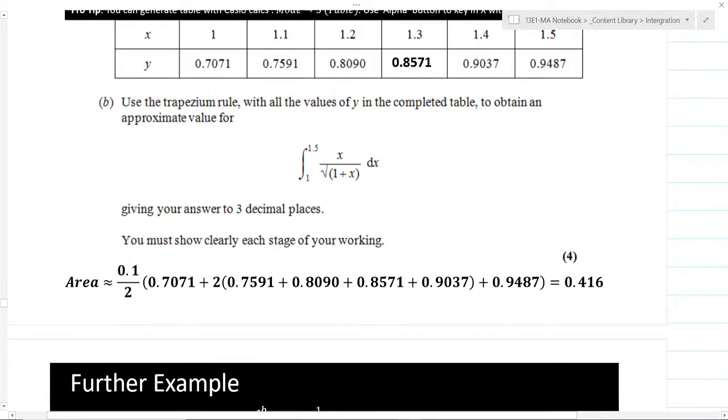Okay, 0.416. Now that is 4 marks, which if it comes up in the exam is an absolute gift, isn't it?